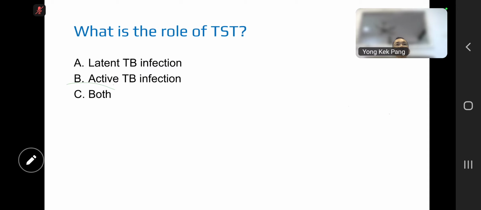Frankly speaking, most of the time it is only for latent TB infection, but occasionally it's used for identification of active TB. For instance, with a patient with puerperal TB, sometimes I do use the tuberculin skin test as my supportive evidence, not confirmative evidence, but supportive evidence. Same thing with the IGRA test.